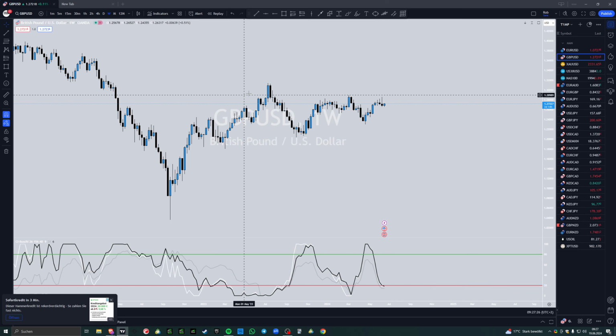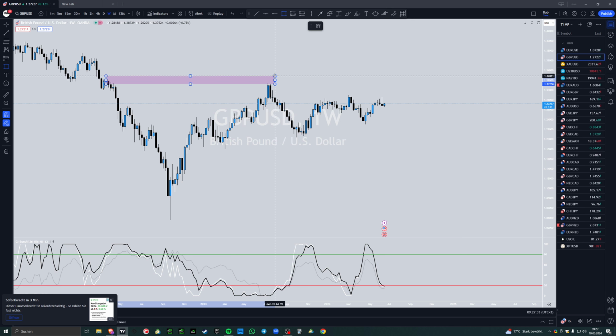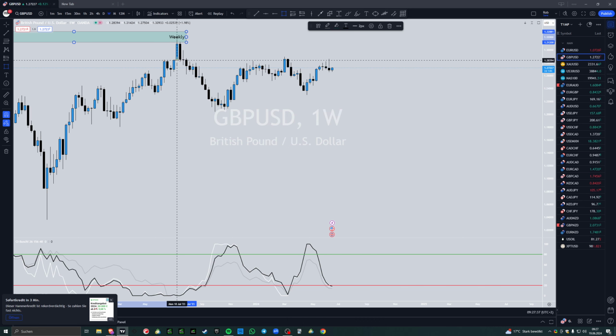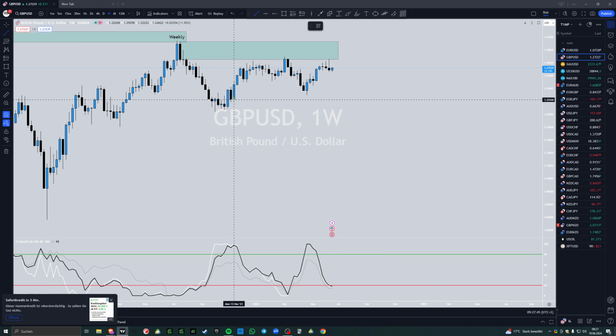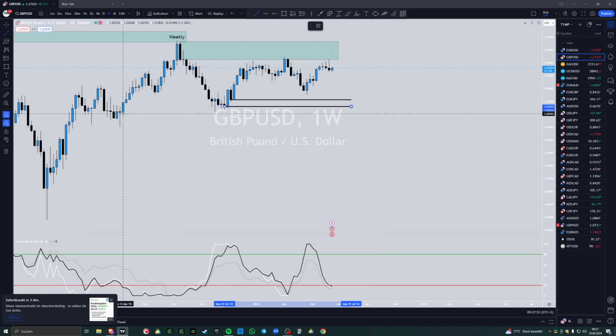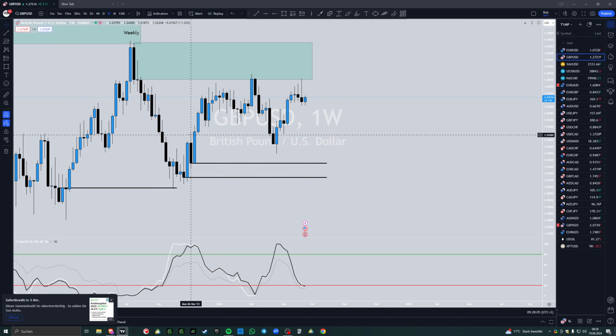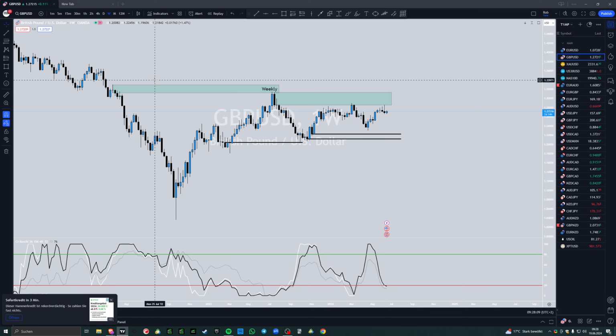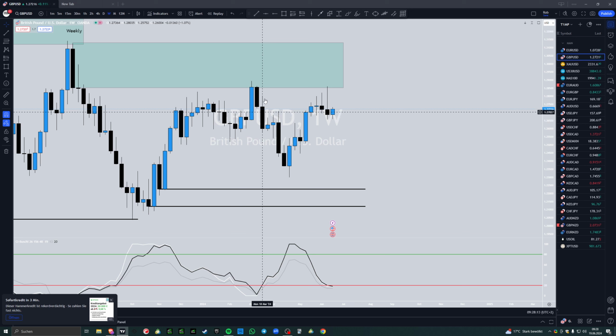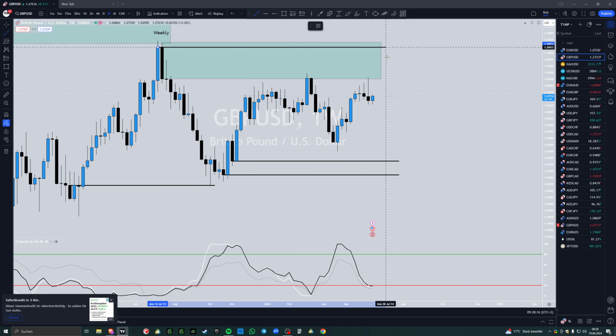Now let's have a look at GU. Yeah, GU on the weekly actually has a kind of different story, because here till this level we're bullish.